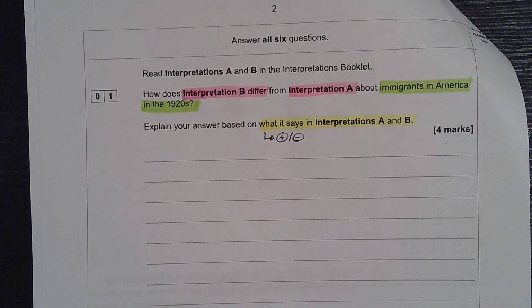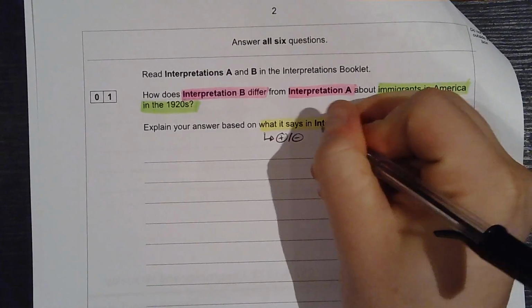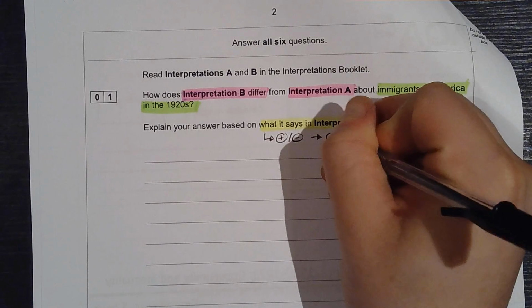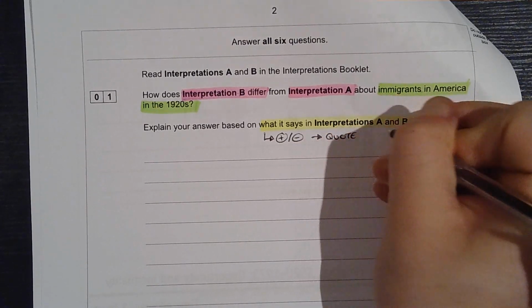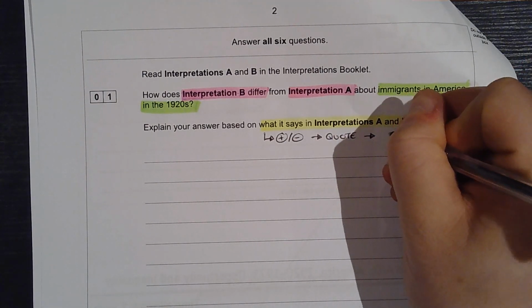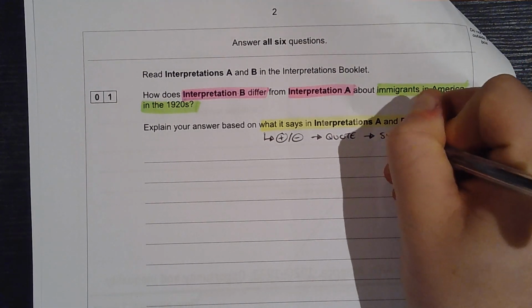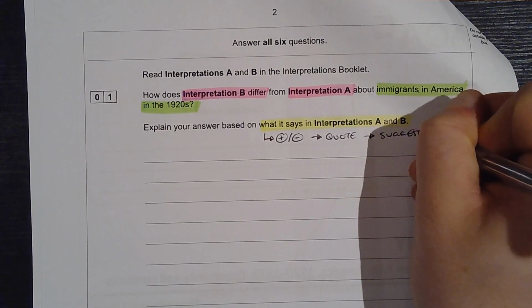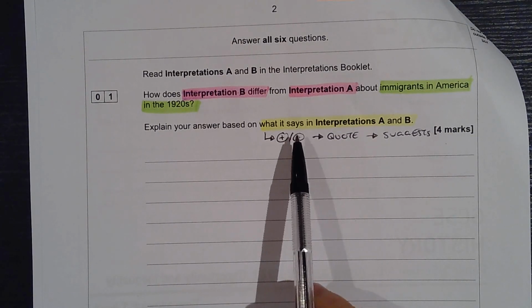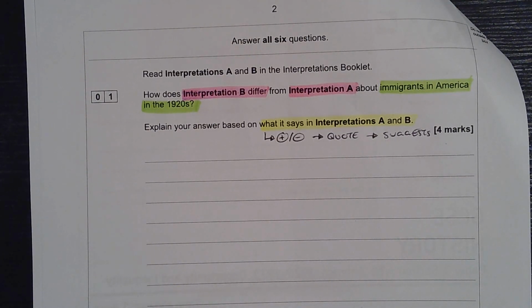If you get two that are quite positive or two that are quite negative, you can go less positive or more positive. So I'm using what it says, which means I'm going to need a quote from interpretation A and interpretation B. And for top marks, I can say what it suggests in my own words. This little structure will be useful when I analyse my interpretations.